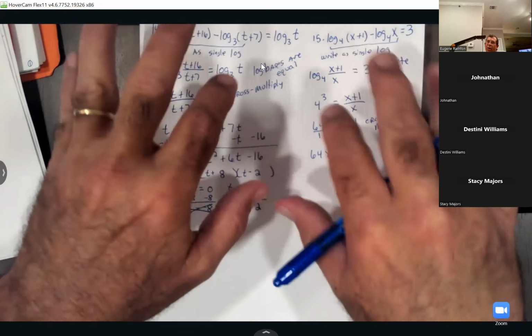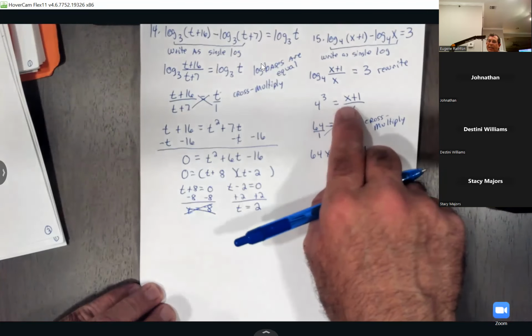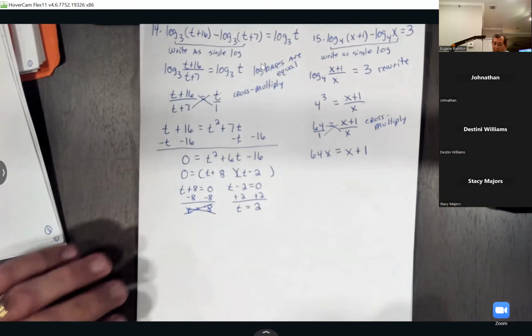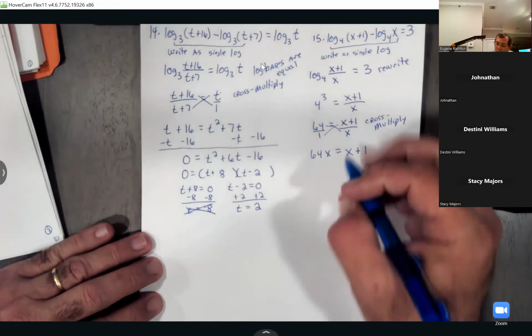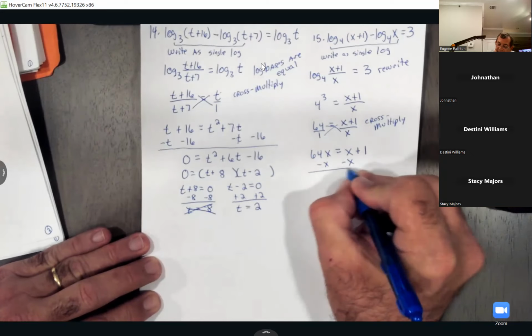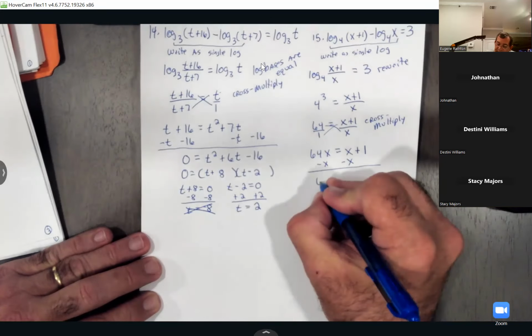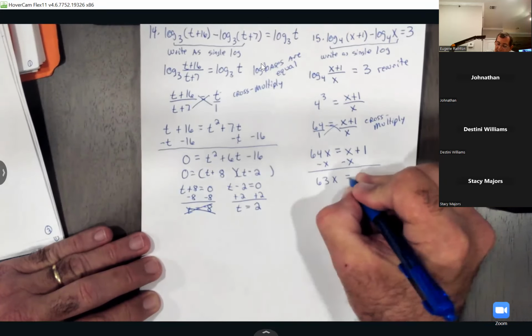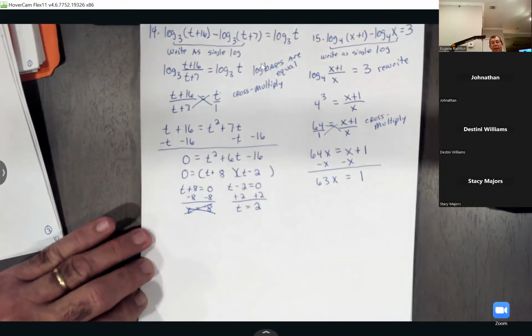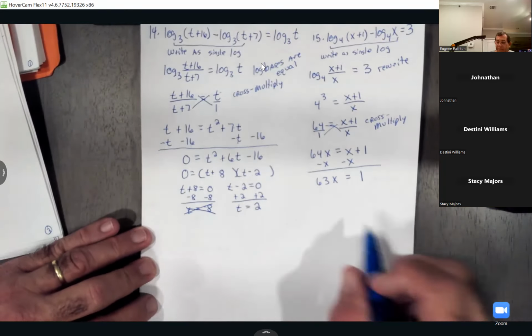So notice how they start out similar, but because this side didn't have the log, I had to rewrite it as exponential. All right, y'all, we want the x's on one side, so let's subtract the x from both sides. So 64 minus x is what? 63x equals that 1. And y'all, our last step, divide both sides by 63.